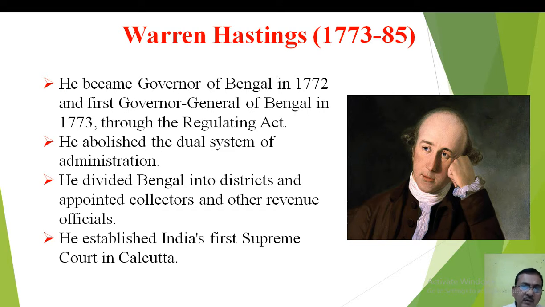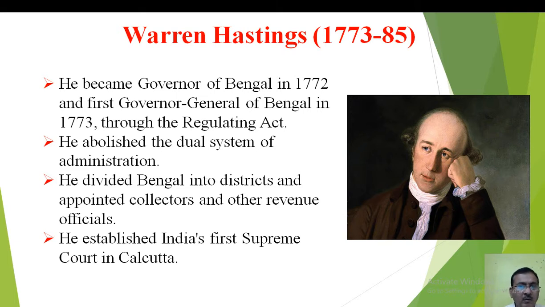So if the question comes, the last Governor of Bengal was Warren Hastings, and the first Governor General of Bengal was Warren Hastings. Another salient feature during his tenure was that he divided Bengal into districts and appointed collectors and other revenue officials. That was another landmark decision he took when he became the Governor General of Bengal.